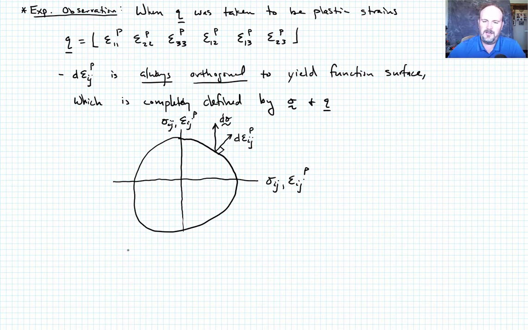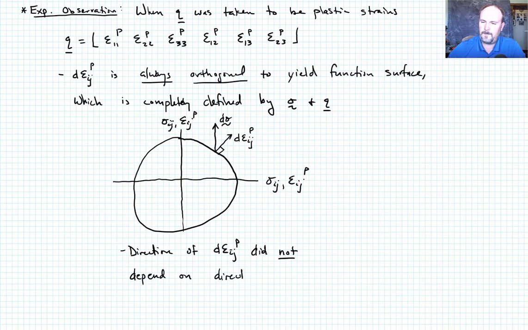So let's say that in a different way. It says that the direction of d epsilon ij plastic, or also we could say the direction of dq, the incremental change in the internal state vector, did not depend on the direction of the stress increment, did not depend on the direction of d sigma ij.